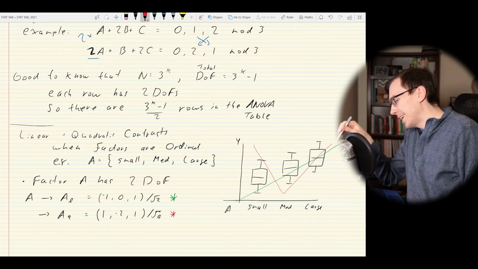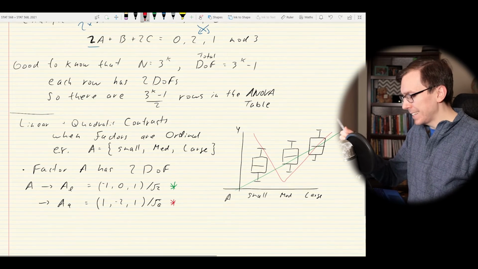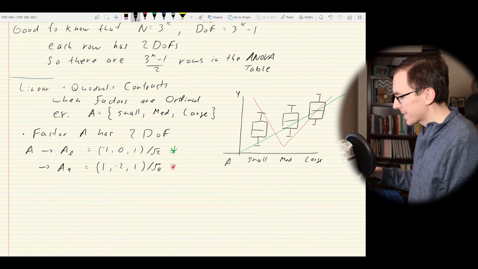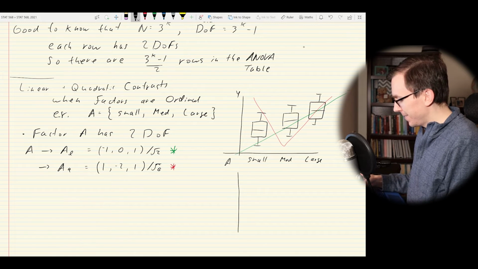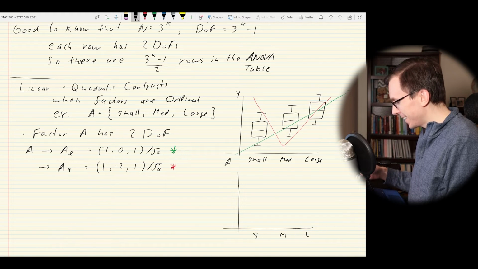We don't see that in my hypothetical box plot, so we would probably get an insignificant quadratic contrast. Whereas if I had my S, M, L here, small, medium, large, I wonder if that's how they picked the acronym, we end up with something like this.